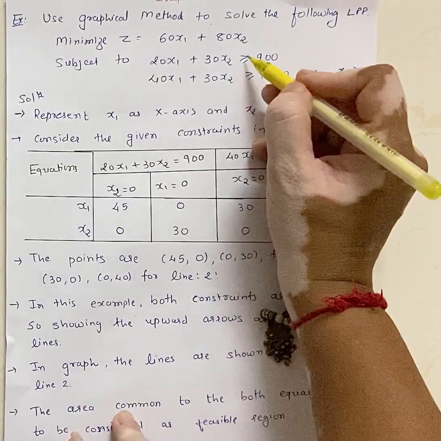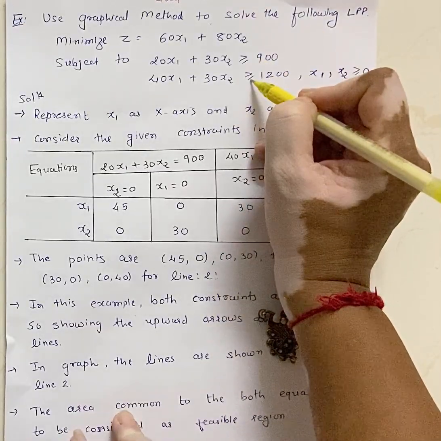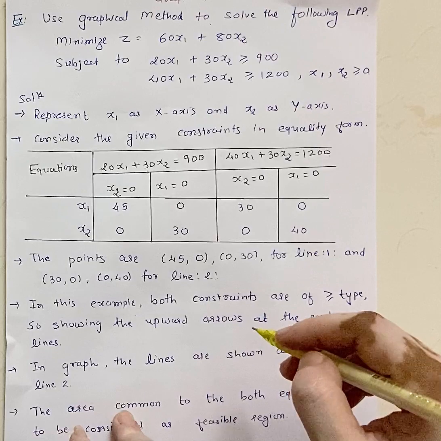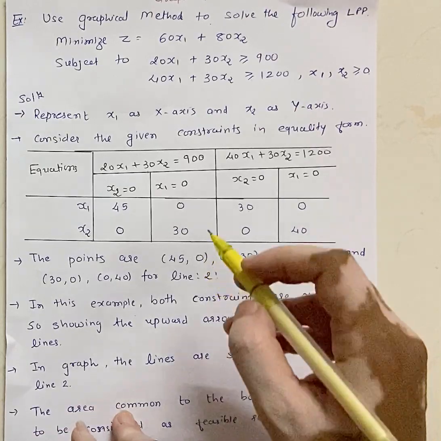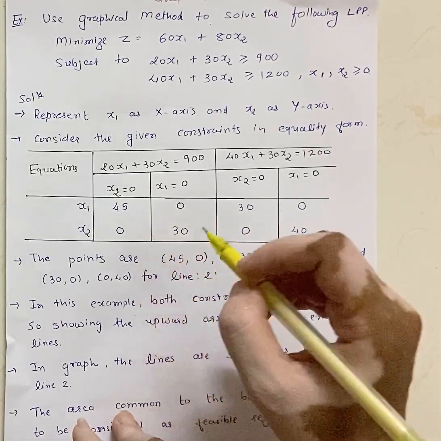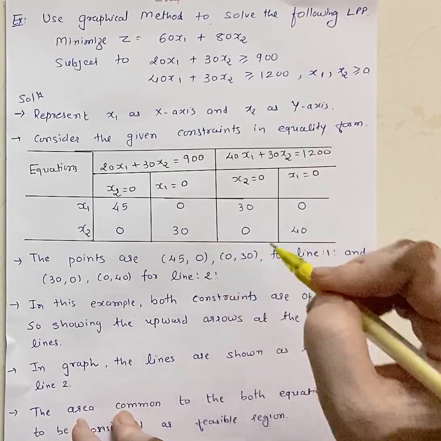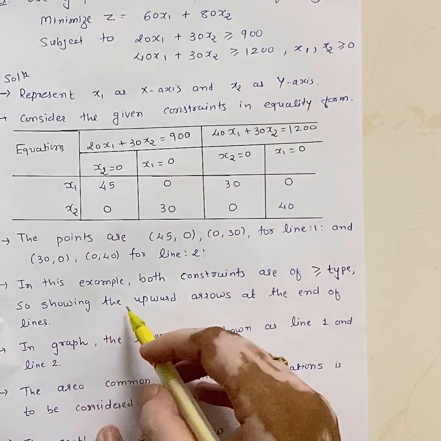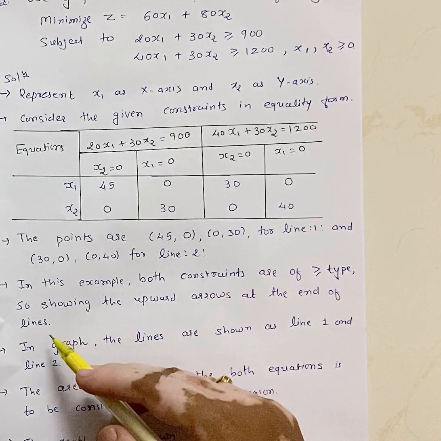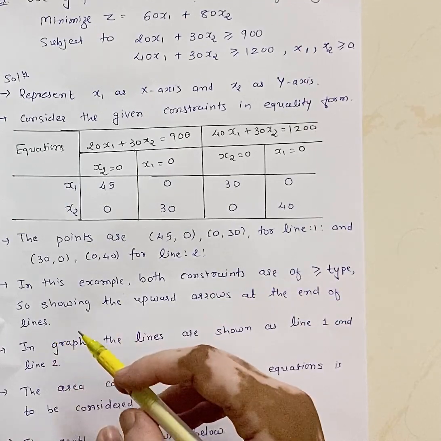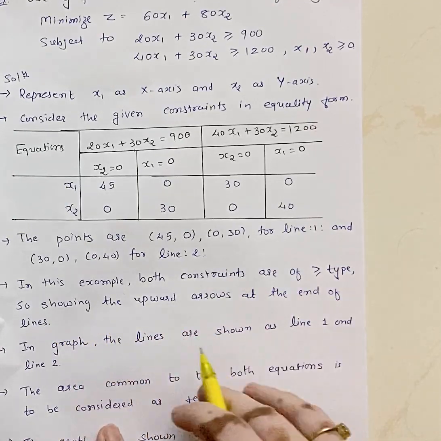So when you draw a line connecting the 2 points, you have to draw an upward arrow at the end of the lines, so you can find the region easily.